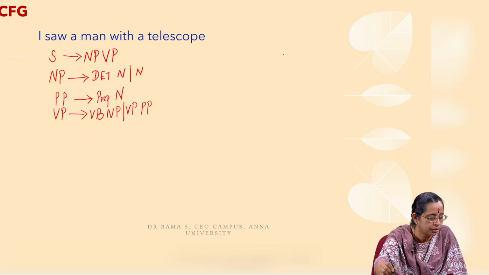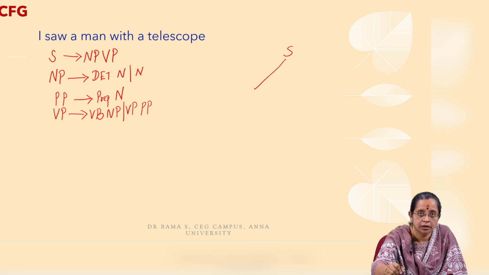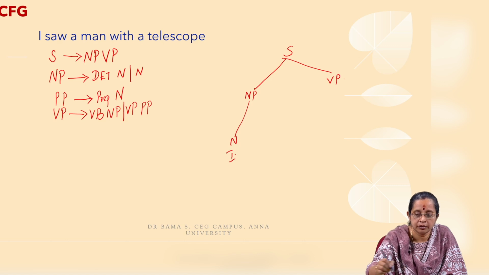So, it goes like this: S goes to NP and VP, and NP goes to N, which is "I".